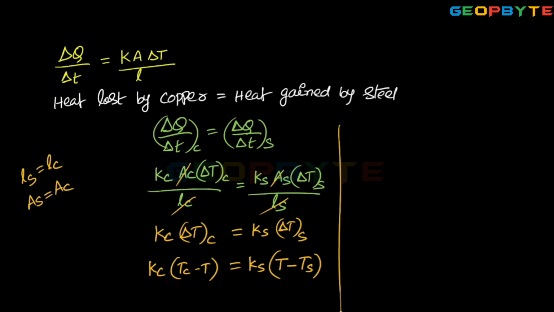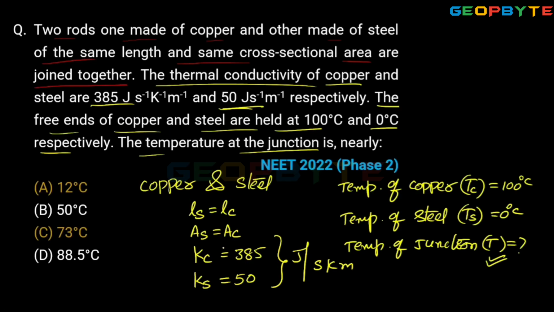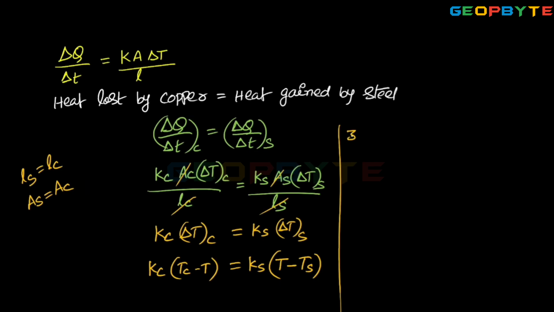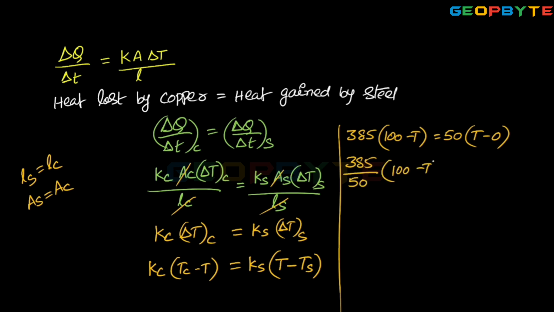From that, I can write that Kc, how much it is given? Kc is 385, Ks is 50. Here 385 into 100 minus T equals 50 into T minus 0 degree centigrade. 385 divided by 50 into 100 minus T is equal to T minus 0.